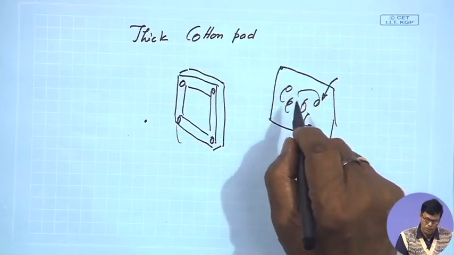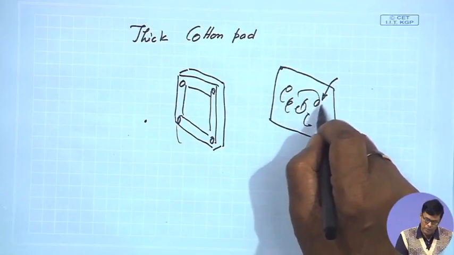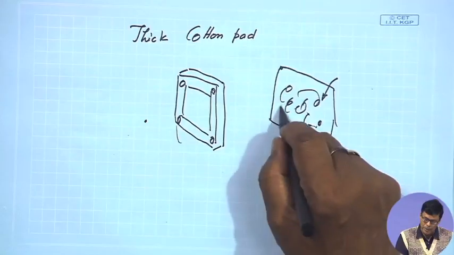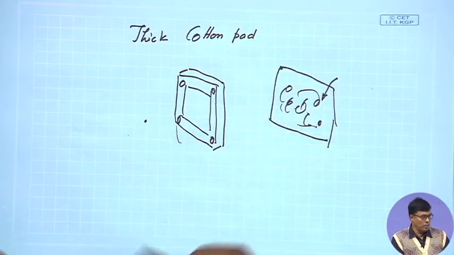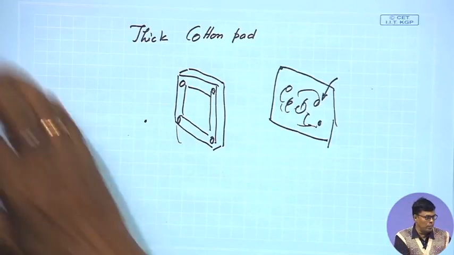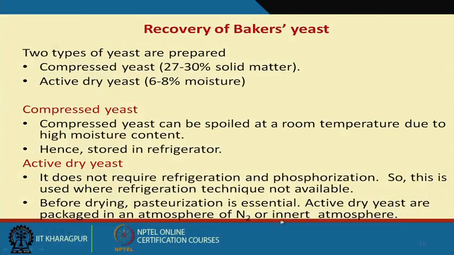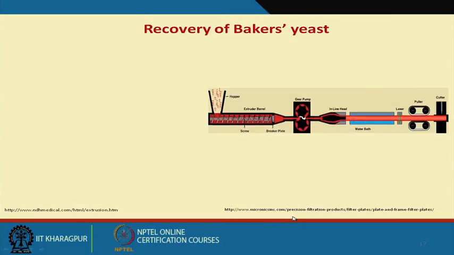Now if some air enters the system, the Baker's yeast cells contain some fats, and these fats, in the presence of air and moisture, turn acidic and give a foul smell that is undesirable.